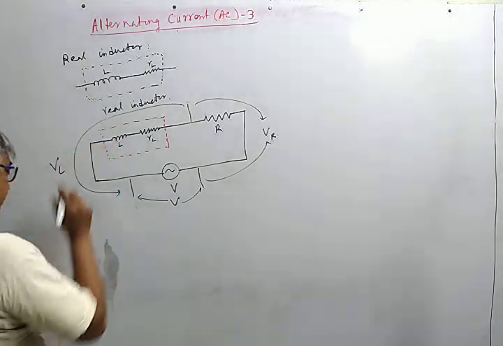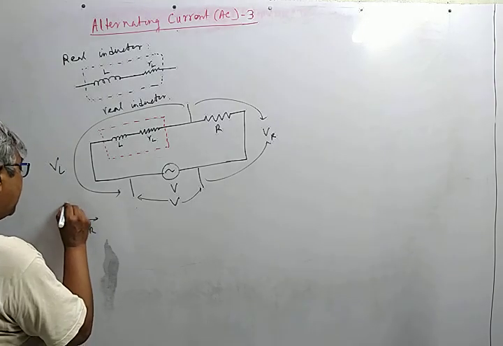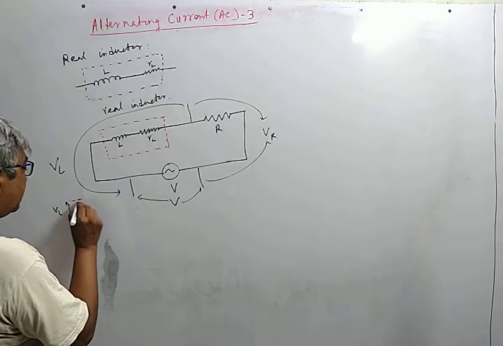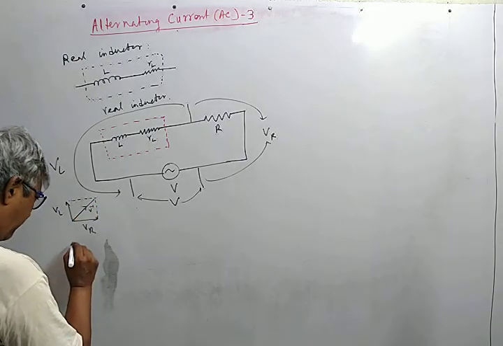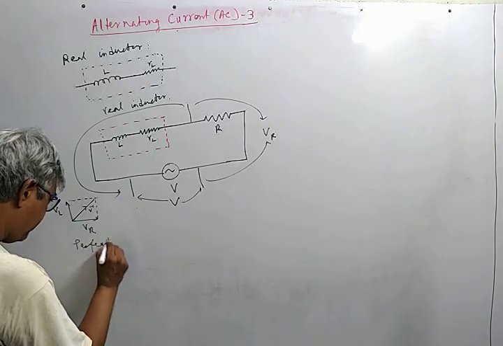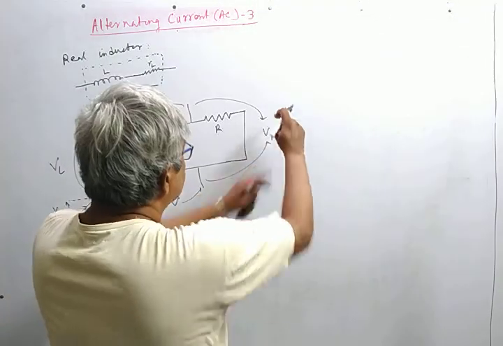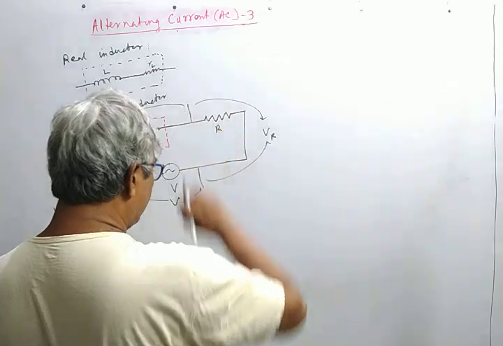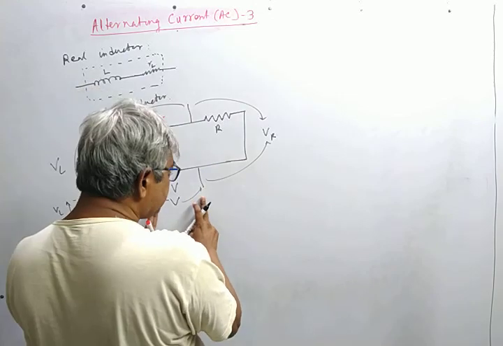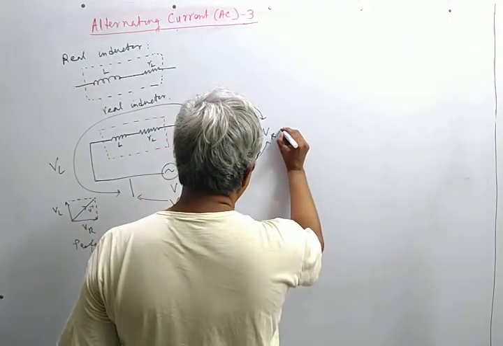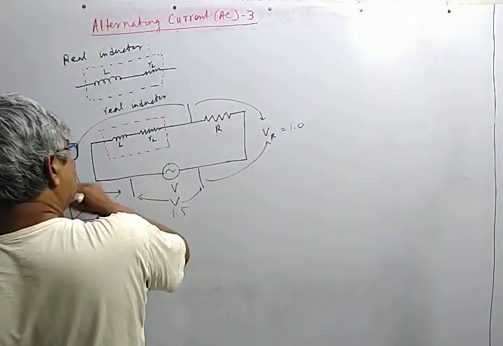This is VR, this is VL, and this is V. But here, say the RMS voltage across the resistance is 1.0 volt, this is 1.9 volt, and this is 1.5 volt.